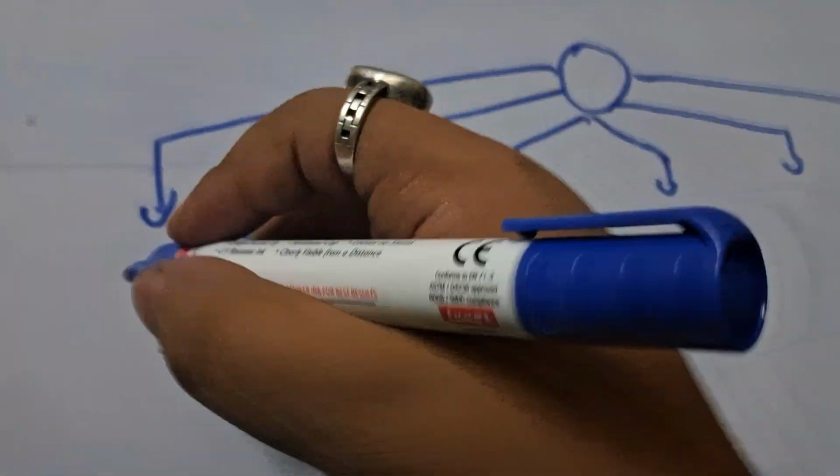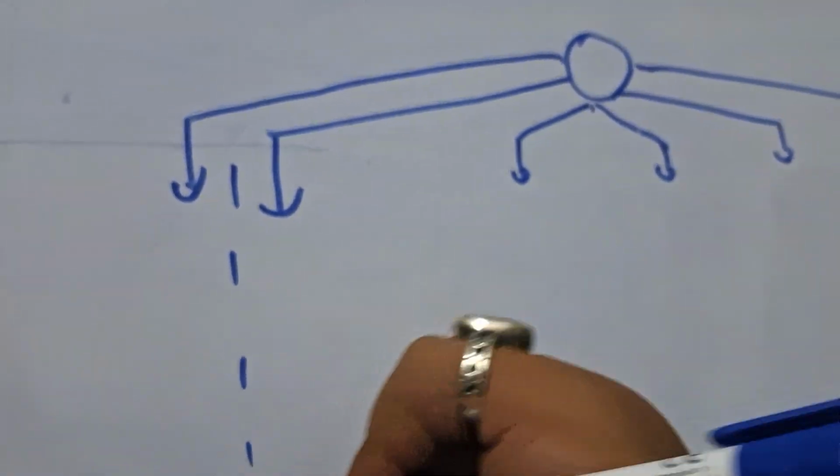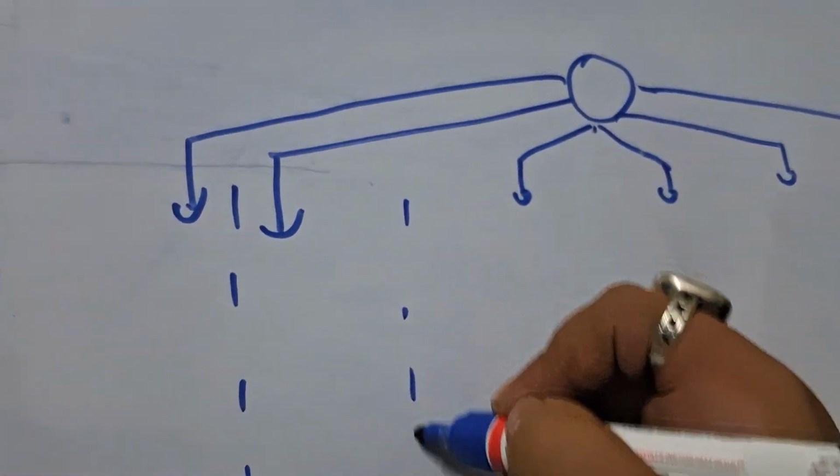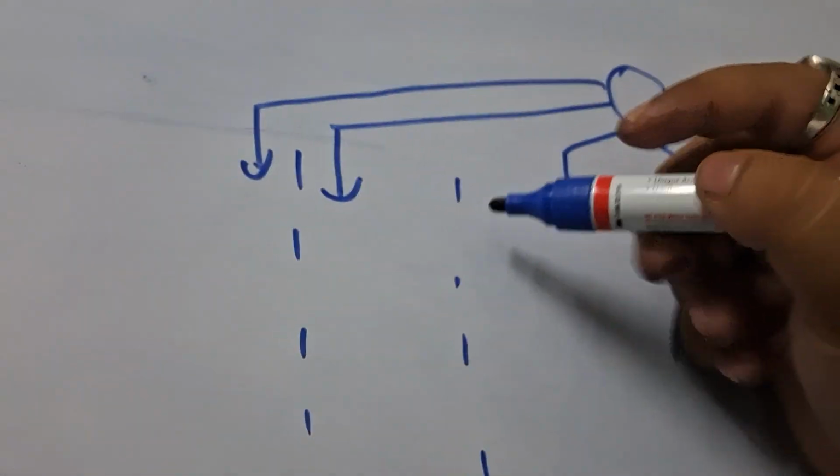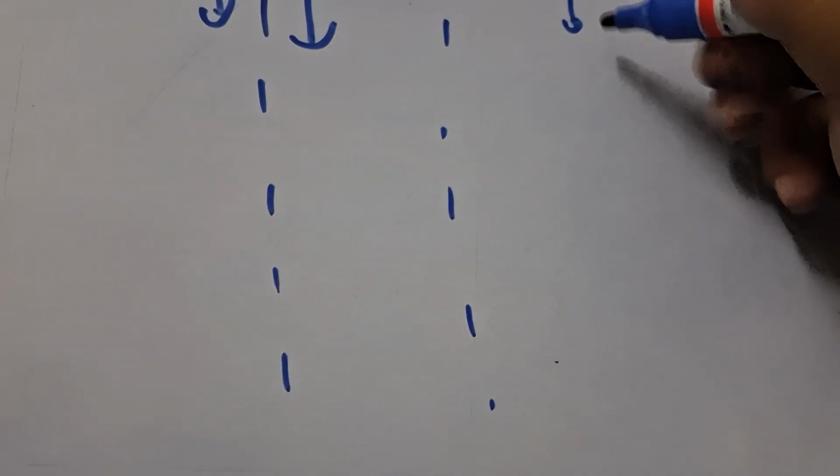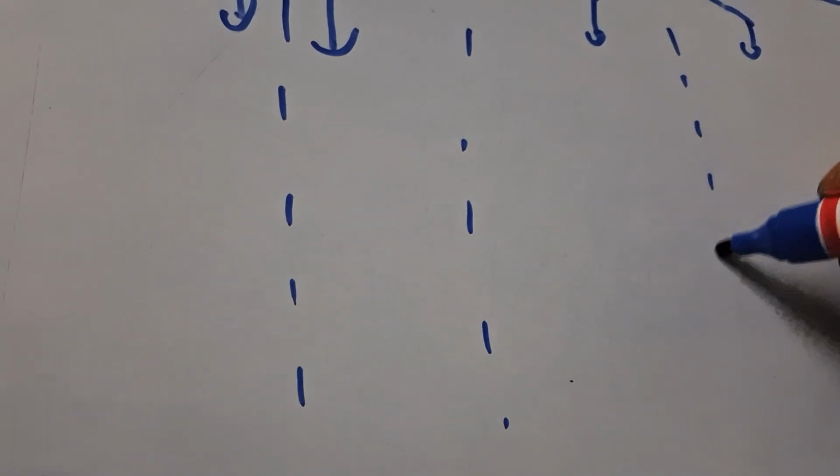There are 6 types actually, 6 different oxidation states for oxygen.